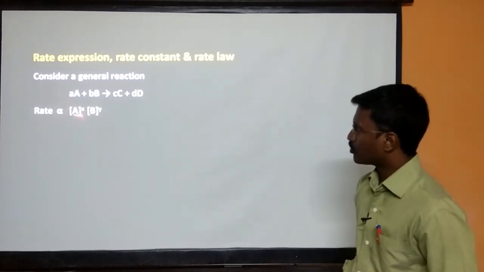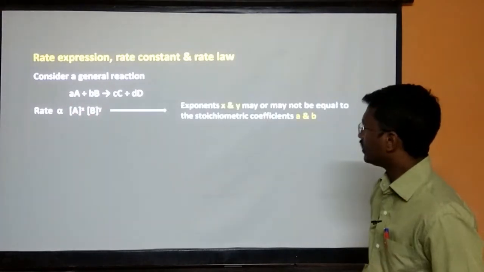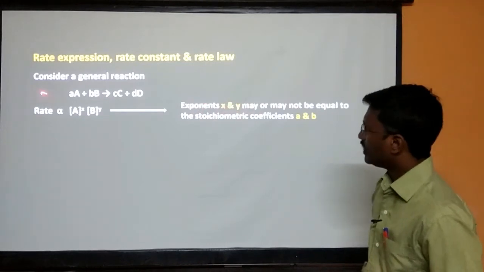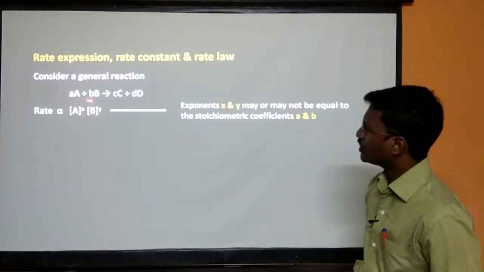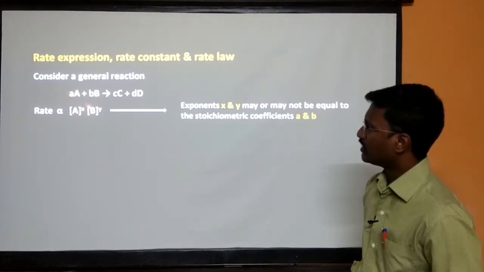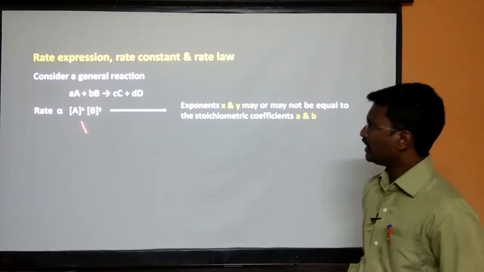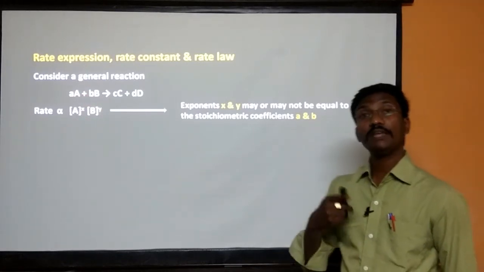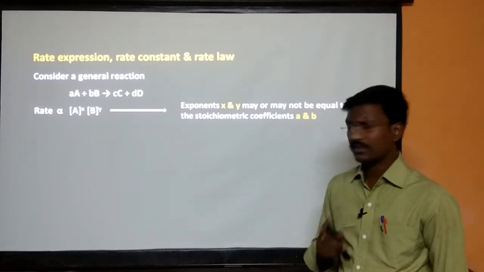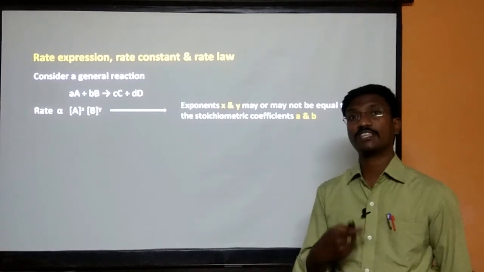The rate is directly proportional to the product of the concentrations of the reactants, where x and y are the exponents. They may be equal to the coefficients a and b, but we are not writing the powers as a and b, because x and y are experimentally determined values.